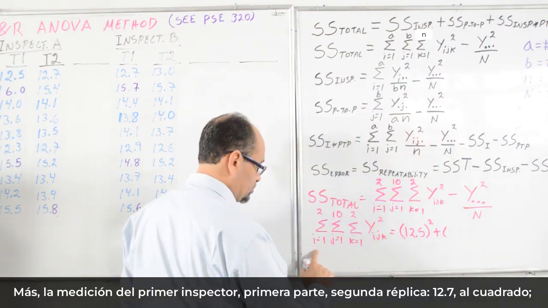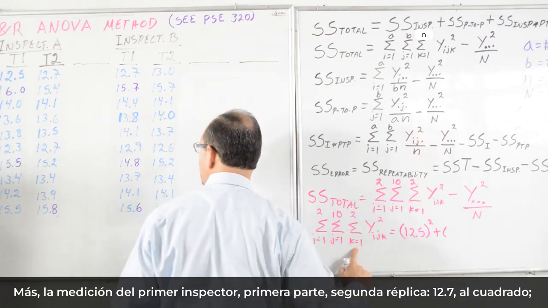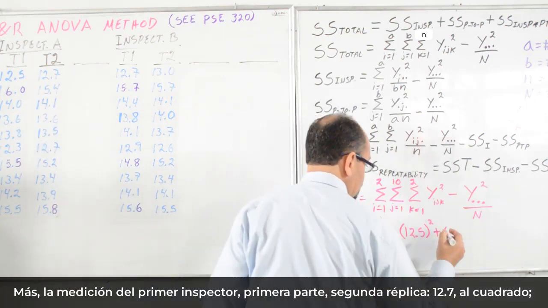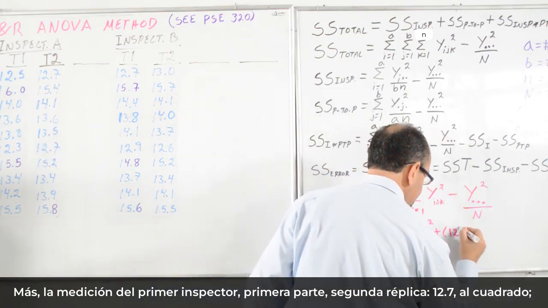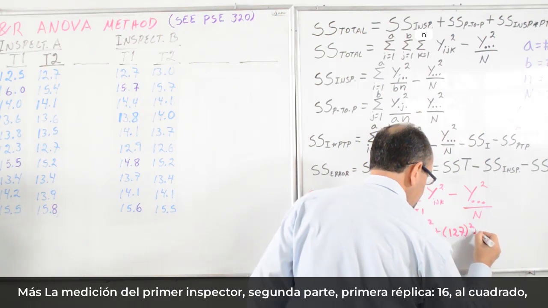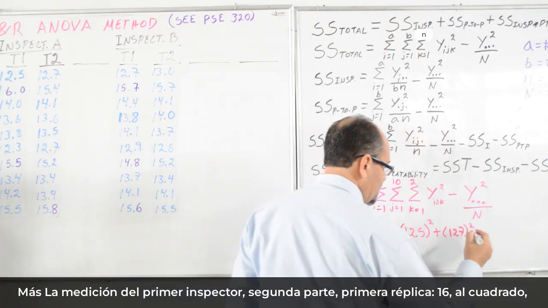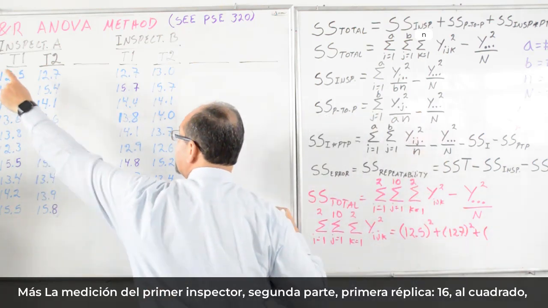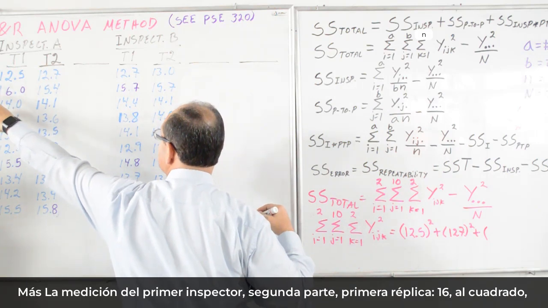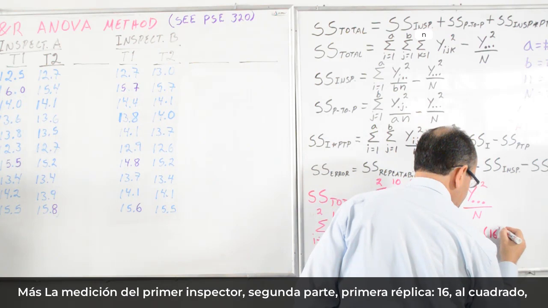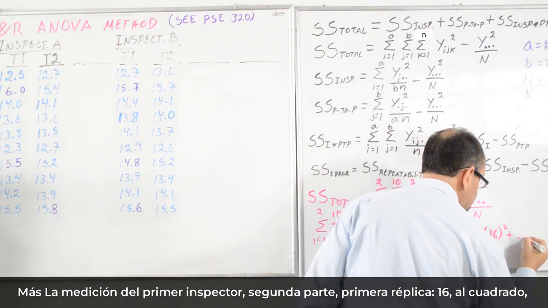Plus first inspector, first part, second trial, 12.7 squared. Plus first inspector, second part, first trial, 16, and so on.